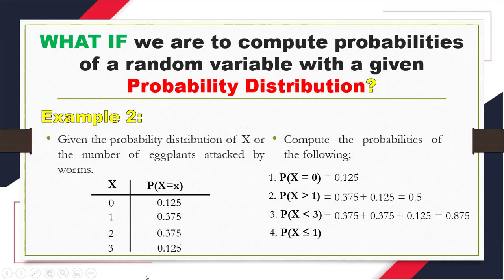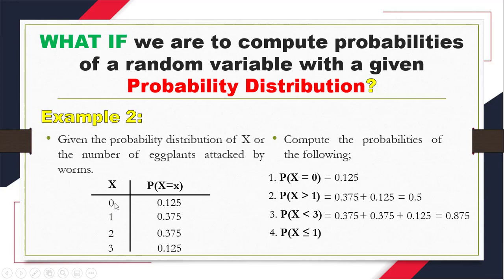Lastly, we are asked to find the probability that X is less than or equal to 1. It means that we need to include 1, because it is less than or equal to 1, and the numbers less than 1.